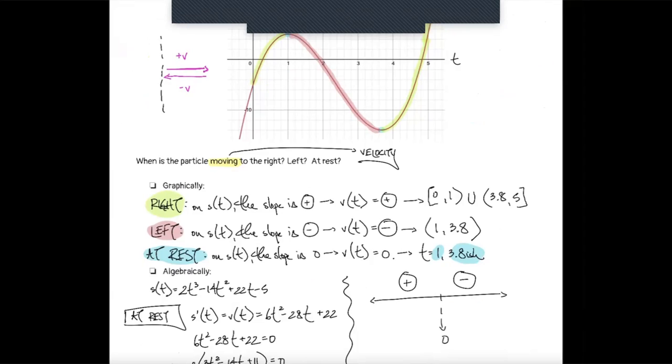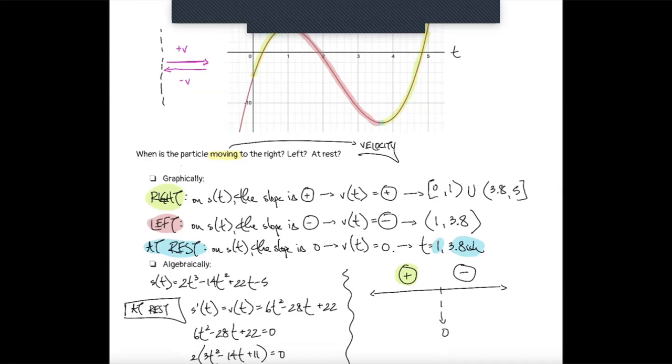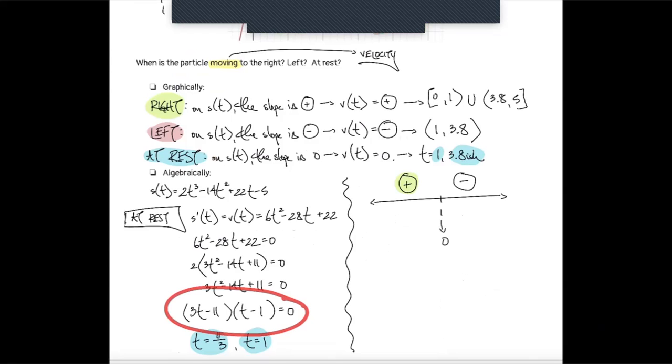We found that there is a positive to the left of 1. Positive what? Well, what did we plug it into? The velocity function. This plus sign that I wrote here really means positive velocity.